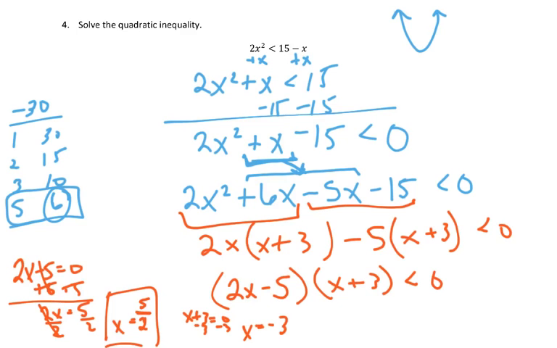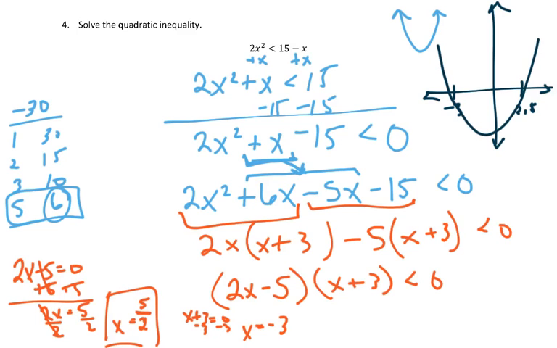So, drawing a sketch of our parabola. It has intercepts at negative 3 and at 5 halves, which is 2.5. We see that this would point upwards like this.